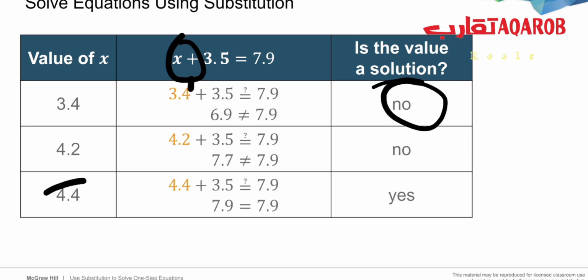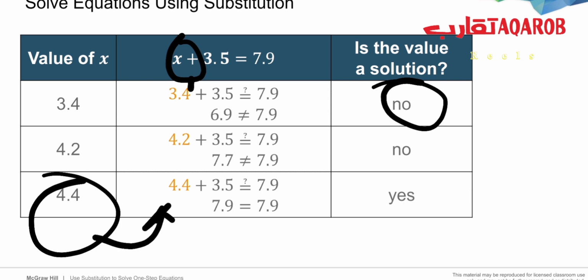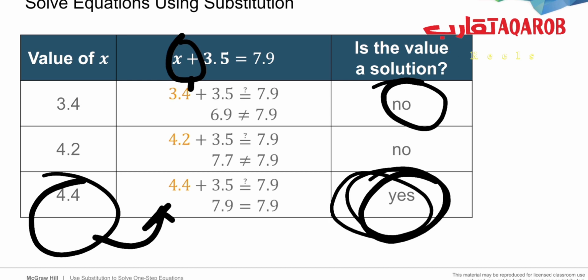If you replace x by 4.4, 4.4 plus 3.5 is 7.9, which is exactly the value to the right. So yes, 4.4 is a solution for this equation.